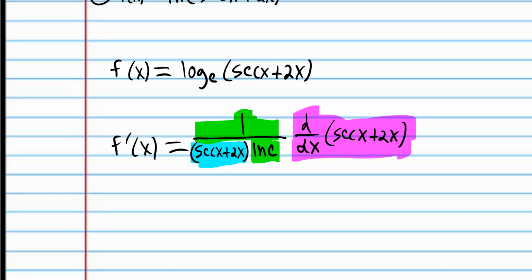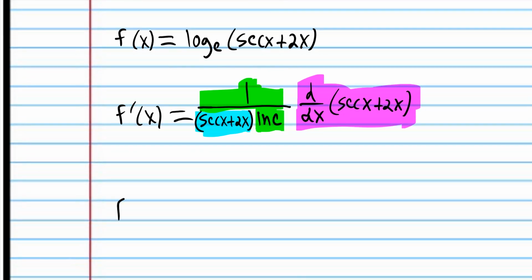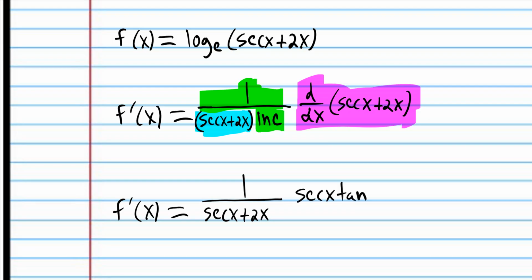So we can get rid of natural log e because that's obviously just 1. And then the derivative of secant x plus 2x is secant x tangent x plus 2.